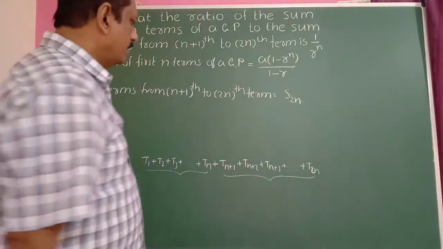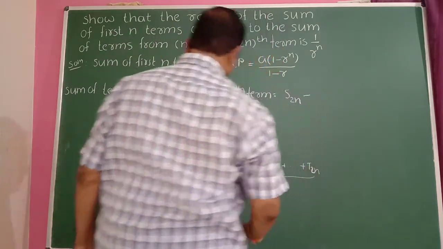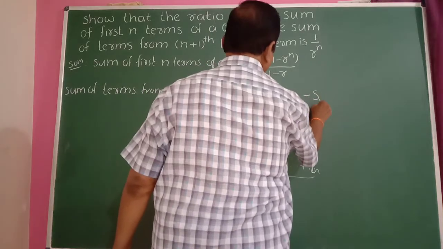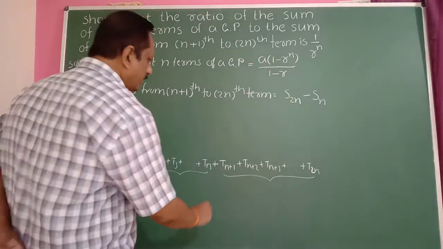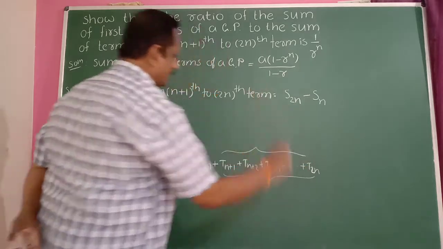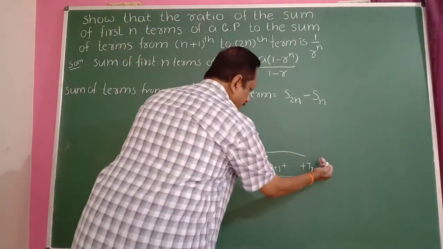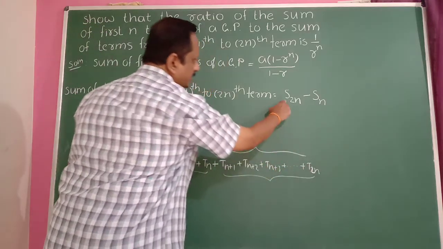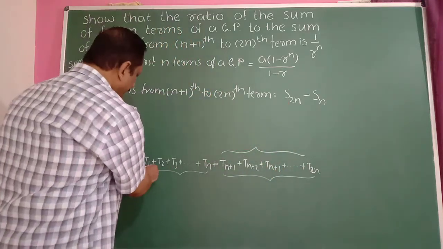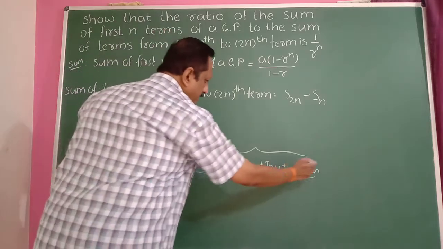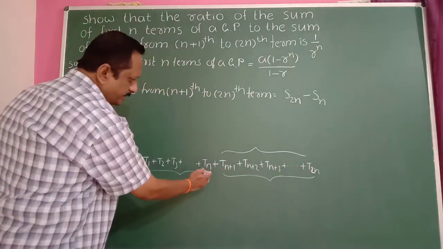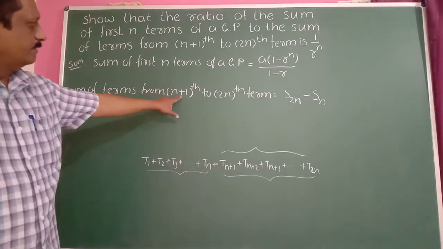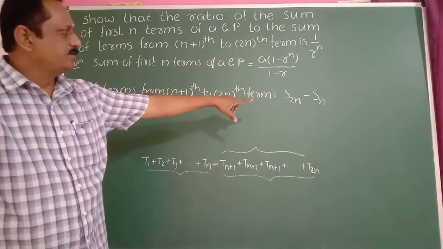Minus the sum of these terms, S of n. Here we want the sum of these terms. Therefore, take from beginning to end, S of 2n, minus from the first to the nth term. Then this sum minus this sum gives the required sum. The sum of the terms from n plus 1 to 2n is equal to S of 2n minus S of n.